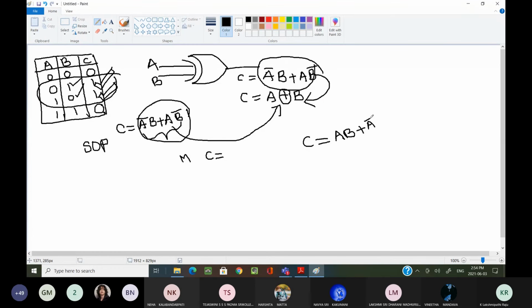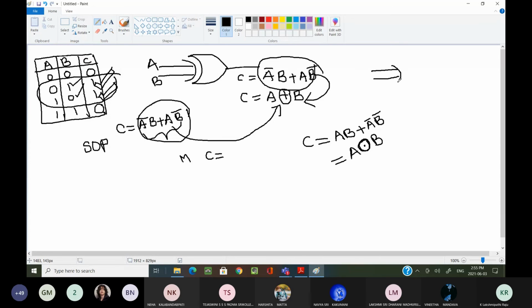For this also we have one symbol, the XNOR symbol. This is a dot surrounded by a circle. This is the XNOR symbol.